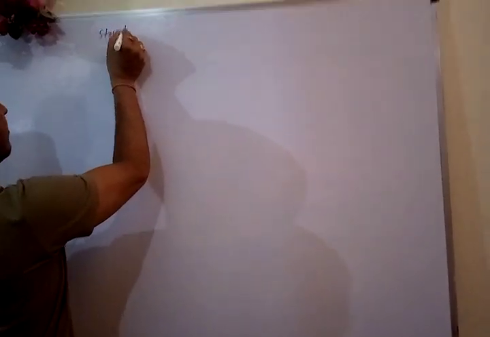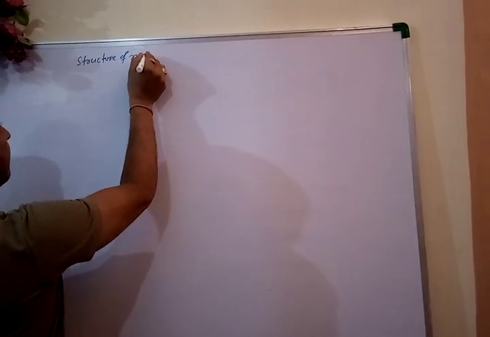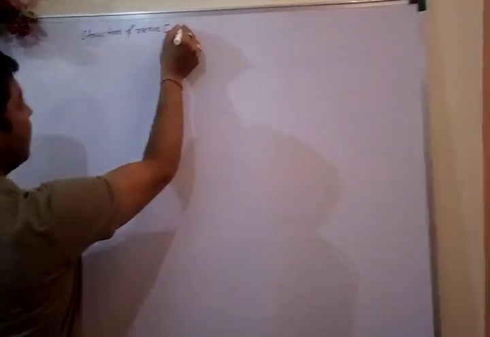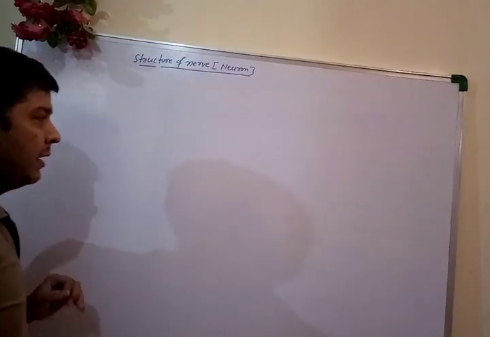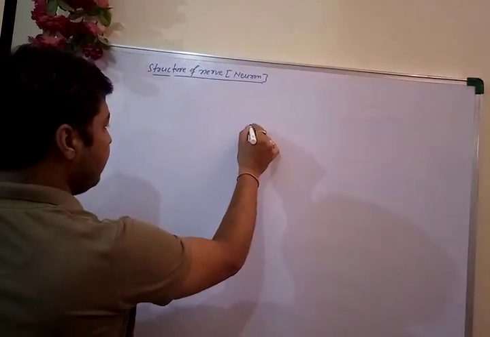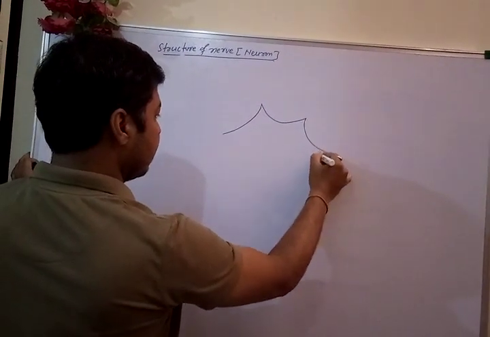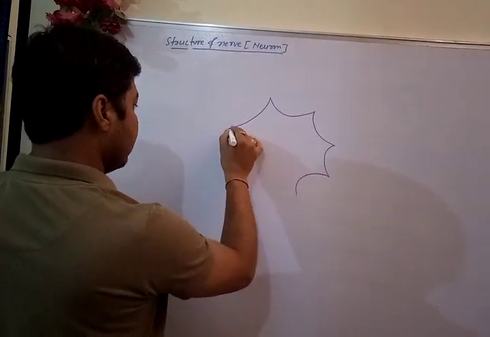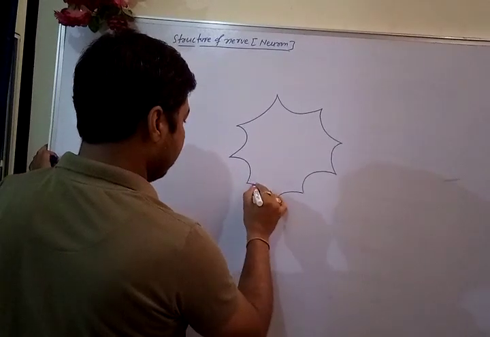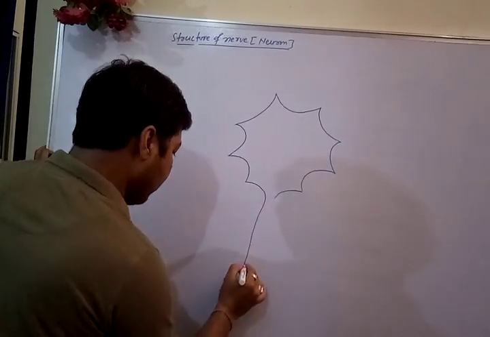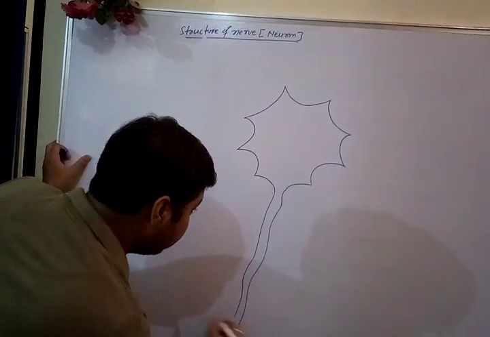of a nerve cell, or what we say, neuron. See, you might have seen, this is the structure.